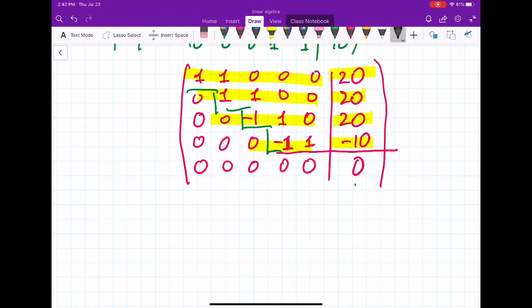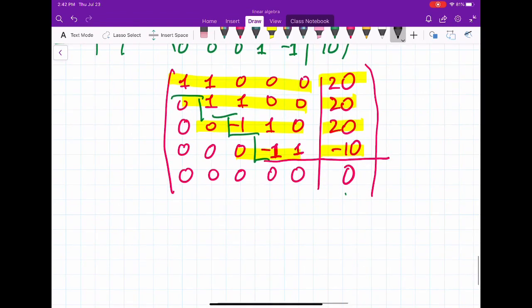I can write, let's do one more step, because we need to get the reduced row echelon form, okay? I just add this row to the third row, because I have negative 1 and 1 in here. How about that?